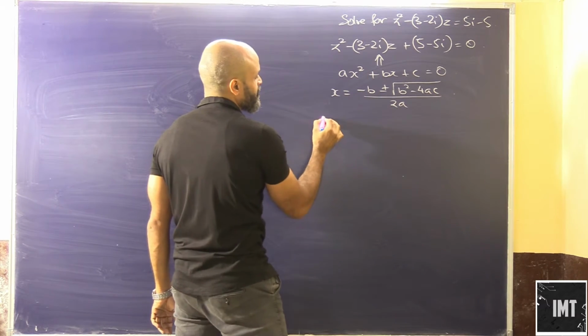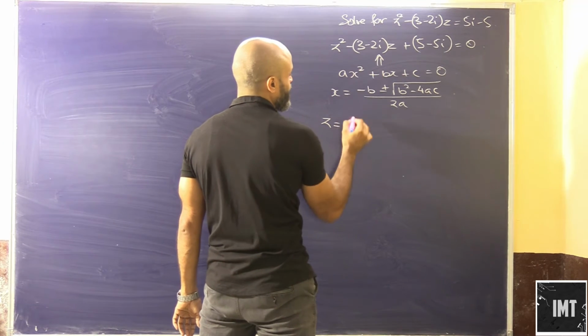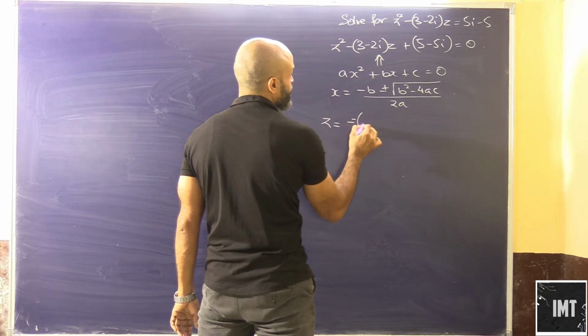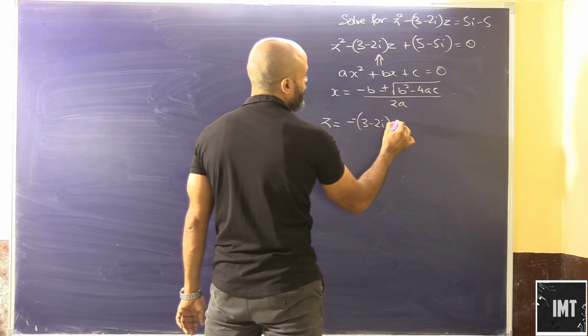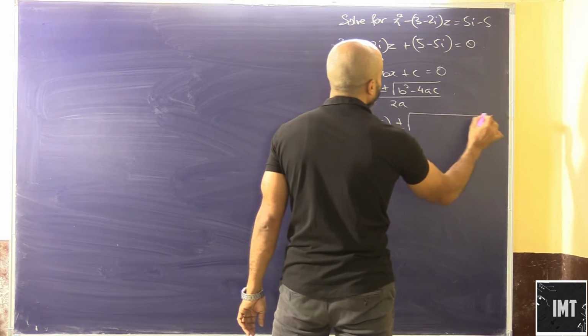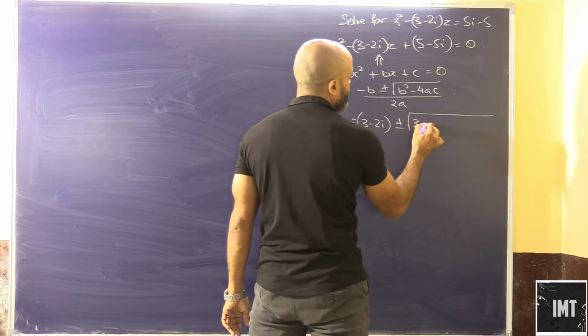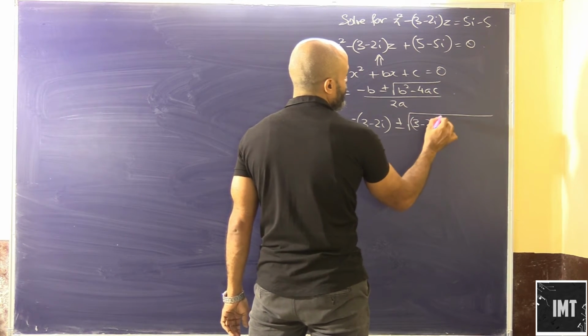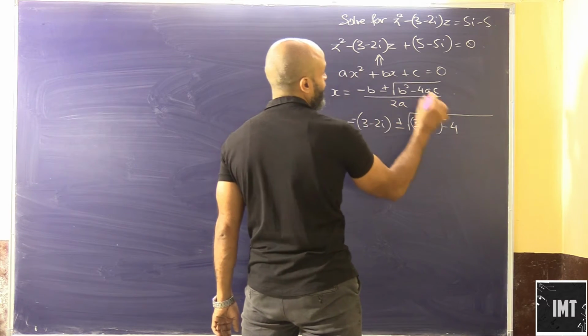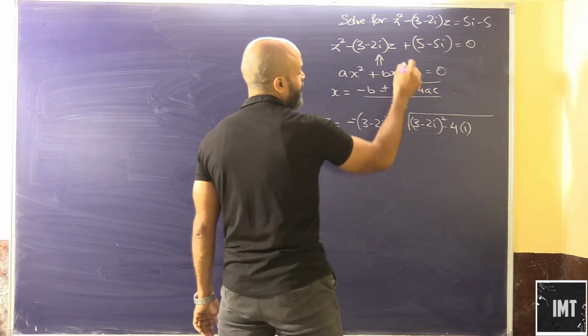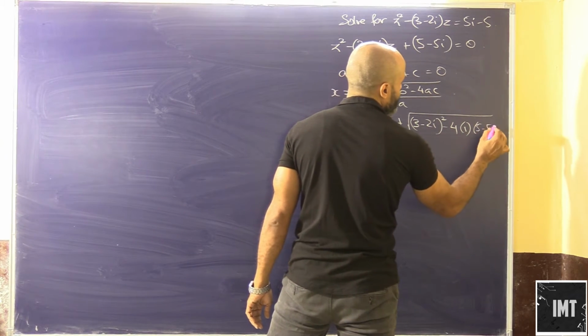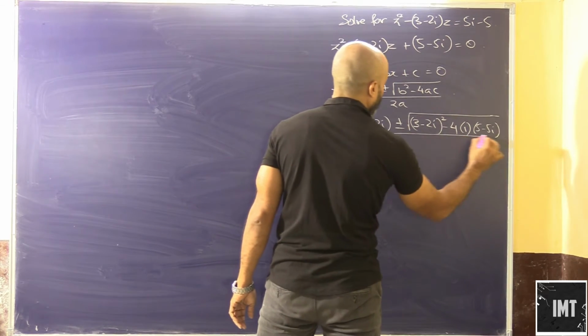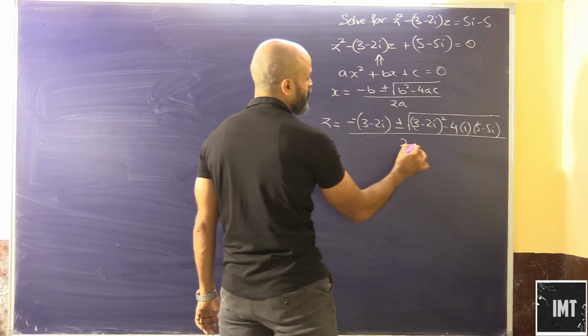So in this case z will be equal to minus b, that is minus (3 minus 2i), plus minus under root of b square, that is (3 minus 2i) square, minus 4 into a, which is 1, into c, that is 5 minus 5i, upon 2a, that is 2 into 1.